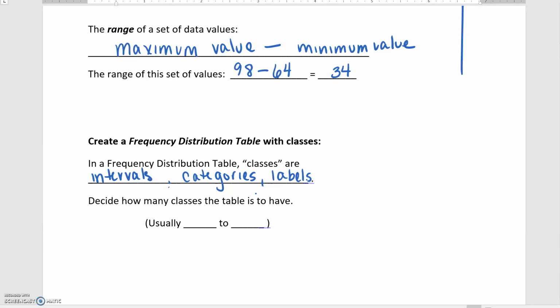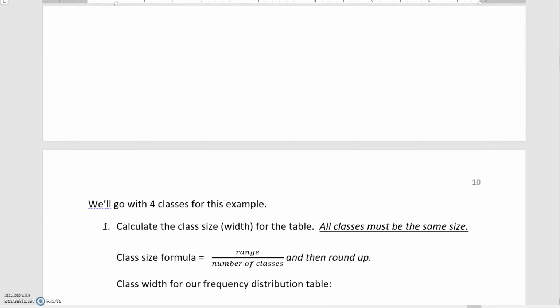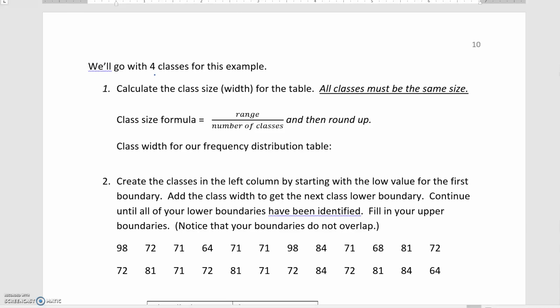Now, there's no hard and fast rule about exactly how many classes a frequency table has to have. Our book says that it's generally 5 to 20 classes, and it really depends on how big your data set is. In our example, we'll be told how many classes to use. So in our example, we're going to use 4 classes, so that's given to us.